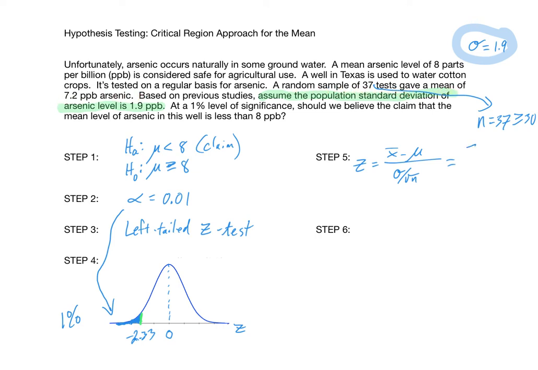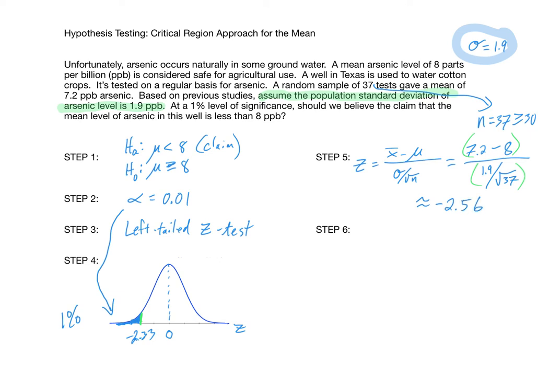So x bar is 7.2 minus mu, the hypothesized mean, so that's this number referenced over here. So mu is 8, over sigma, which we had as 1.9, divided by the square root of the sample size, in this case 37. And if you plug this into your calculator, don't forget that you need to make sure you put parentheses around the numerator and around the denominator. If you do that, you get approximately negative 2.56.